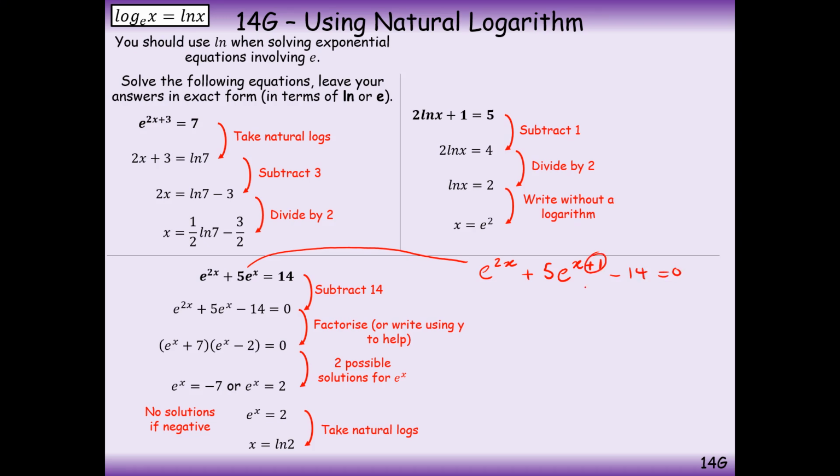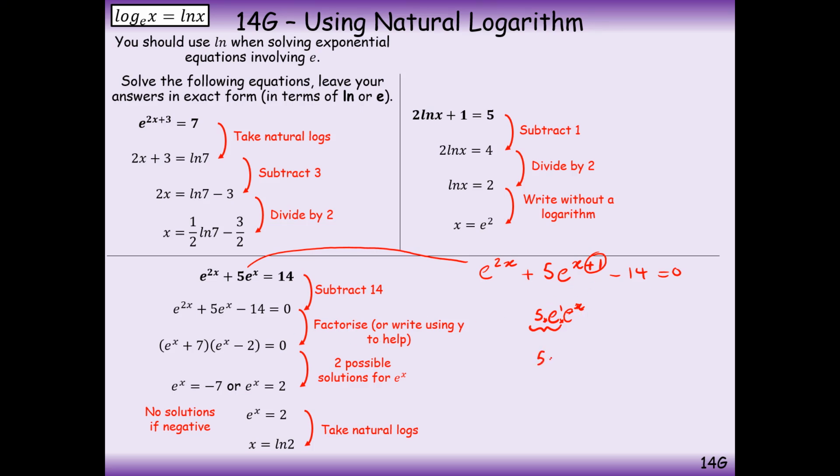This plus 1 means that you can break it up using index laws as e to the power of x times e to the power of 1 and keep the 5 there, right? So that means that this is the coefficient of that term in the middle.